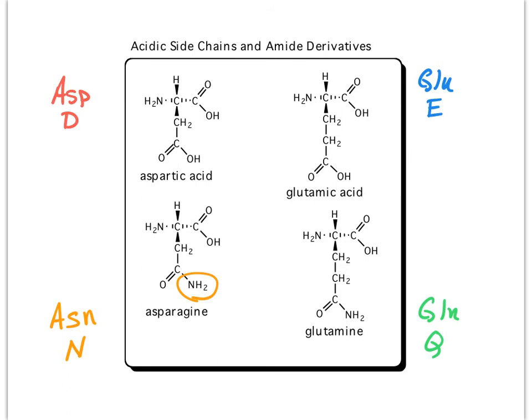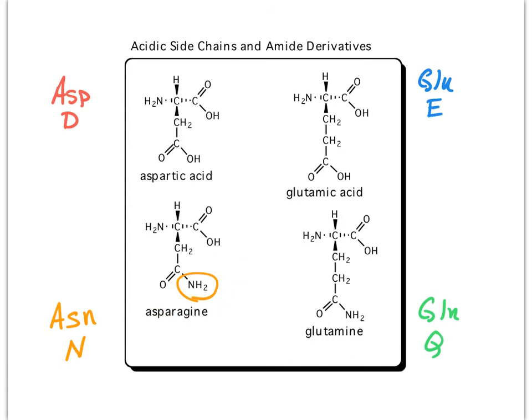Now, there's another thing with aspartic and glutamic acids and their amide forms. When we did amino acid analysis, that is just looking for the total content of amino acids, not their sequence, we would completely hydrolyze proteins. The problem is that would hydrolyze the amides too. So both aspartate and asparagine would come out in the same pool, and we couldn't tell what part started as aspartate and what part started as asparagine.